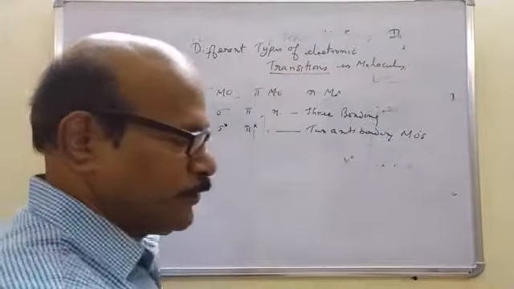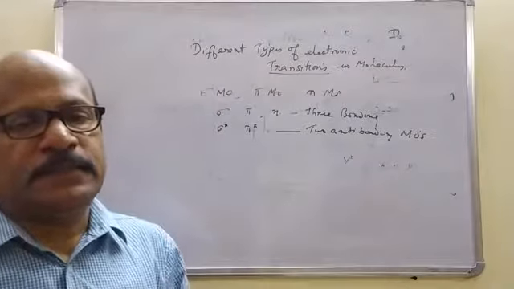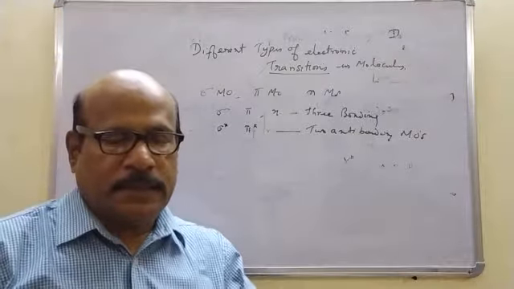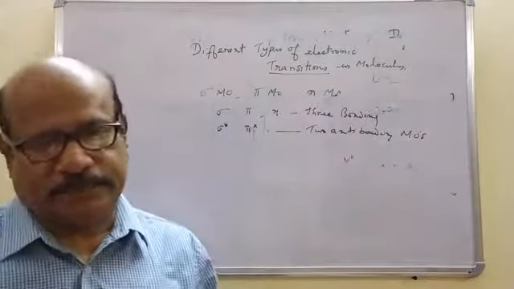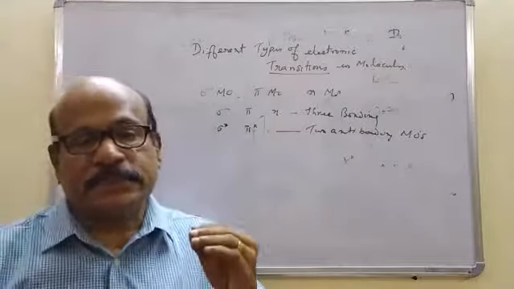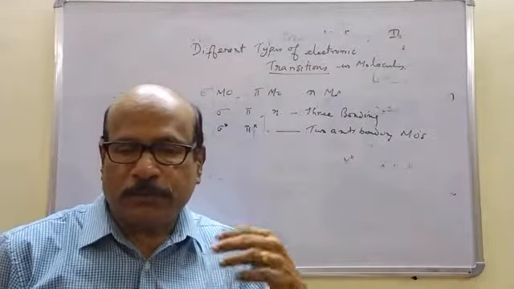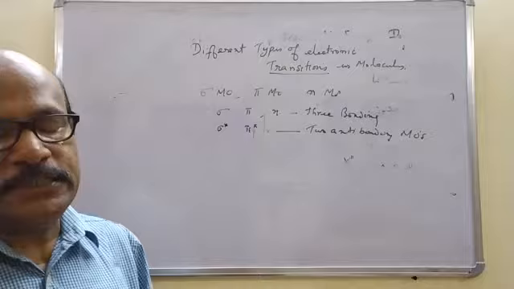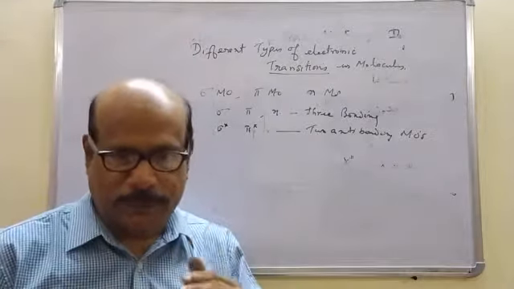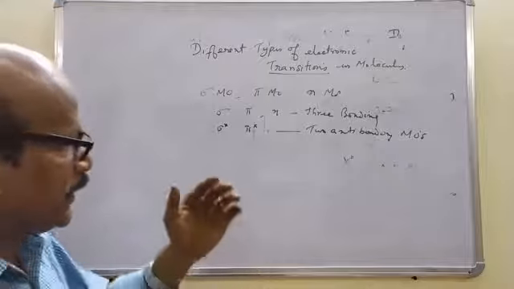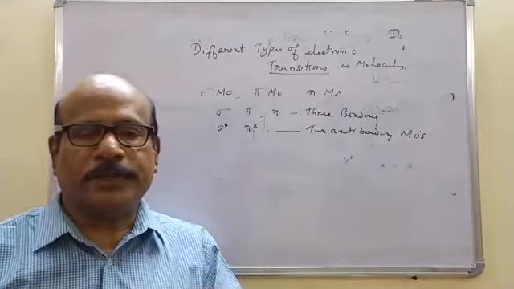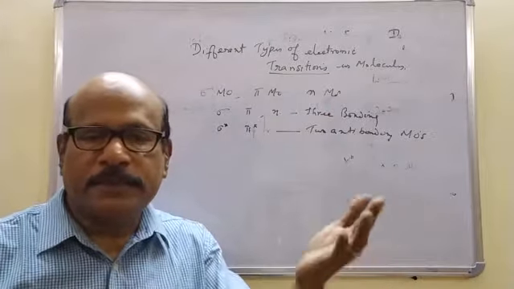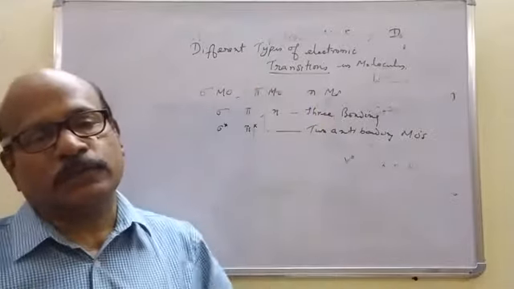According to molecular orbital theory, the most probable electronic transition by the absorption of energy from electromagnetic radiation is that from the highest occupied molecular orbital to the lowest unoccupied antibonding molecular orbital.